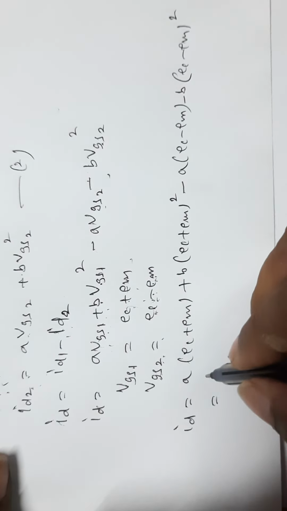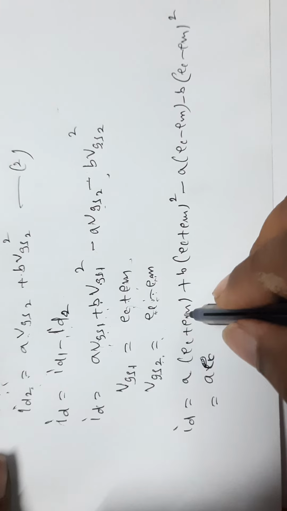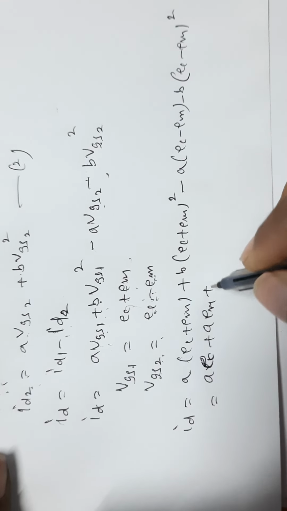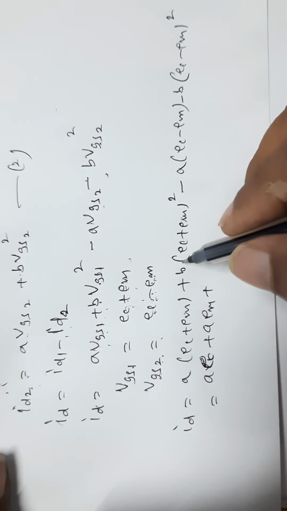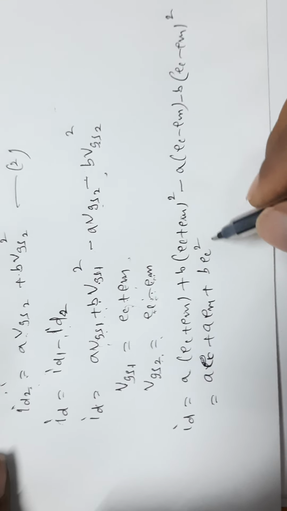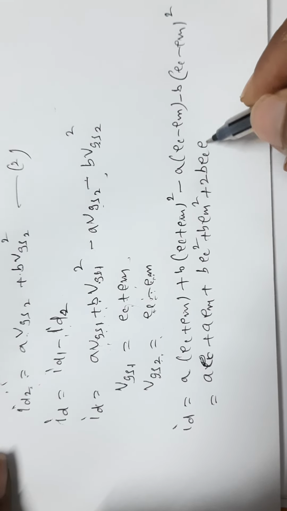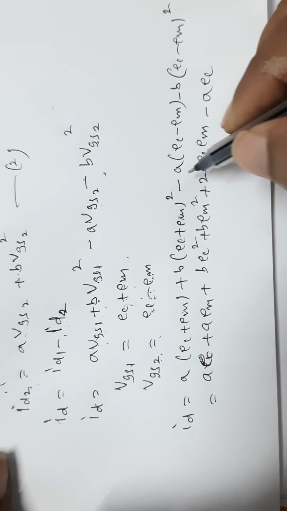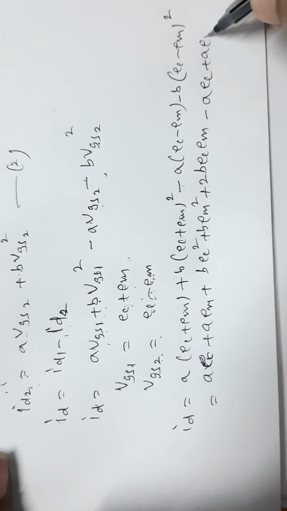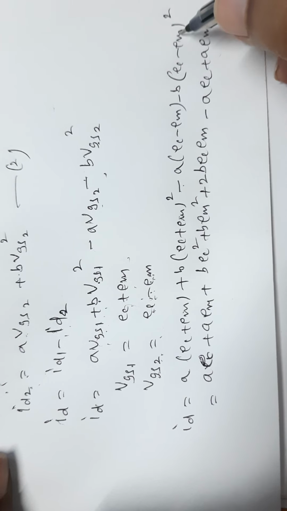Calculate this. A into EC plus A into EM, plus B times EC plus EM whole squared, which is EC squared plus EM squared plus 2 EC EM. On solving this, you get B EC squared plus B EM squared plus 2B EC EM, minus A EC plus A EM. Come to this, minus B into EC minus EM whole squared, which is EC squared plus EM squared minus 2 EC EM.